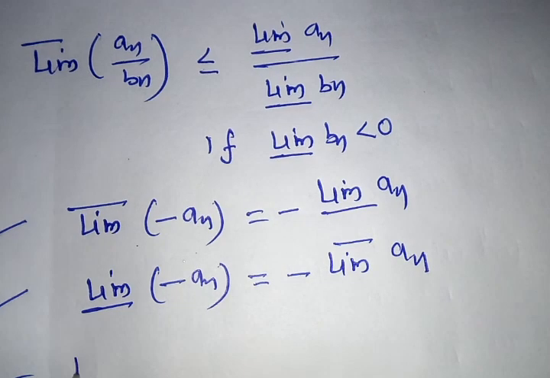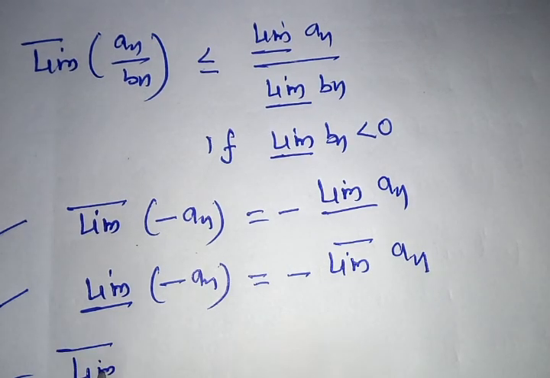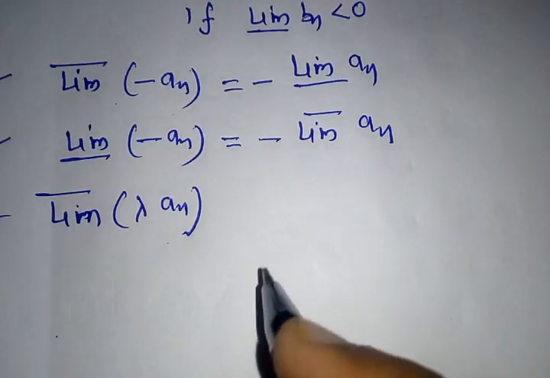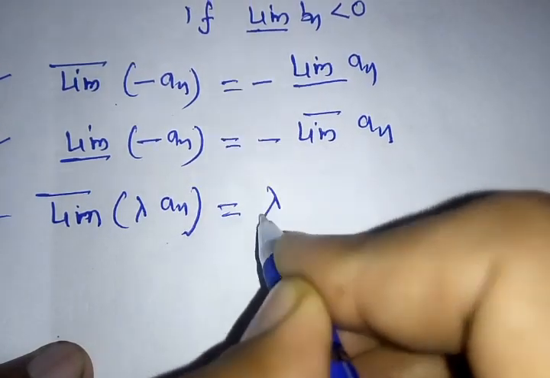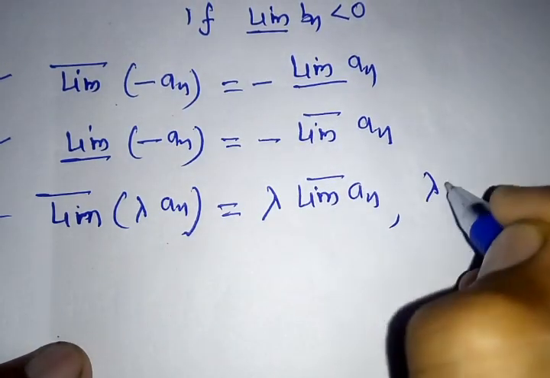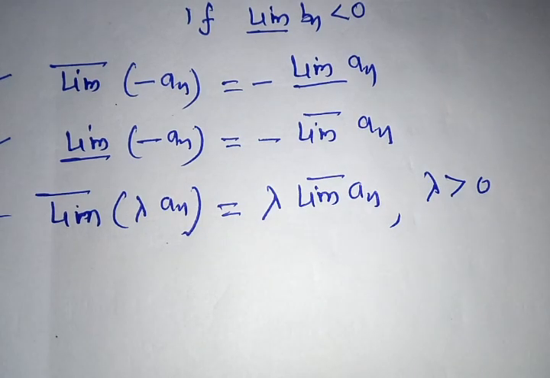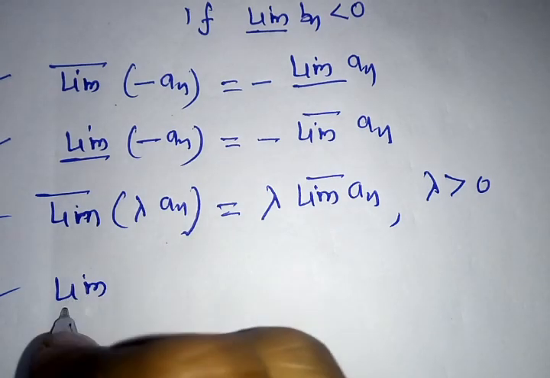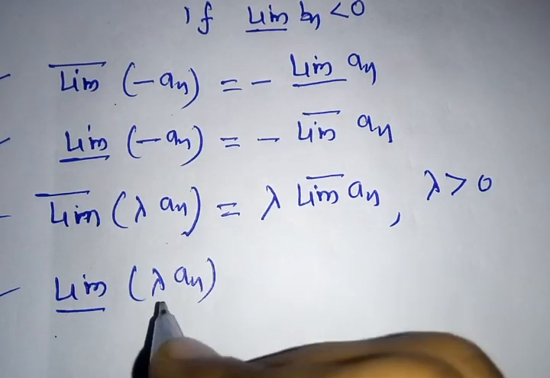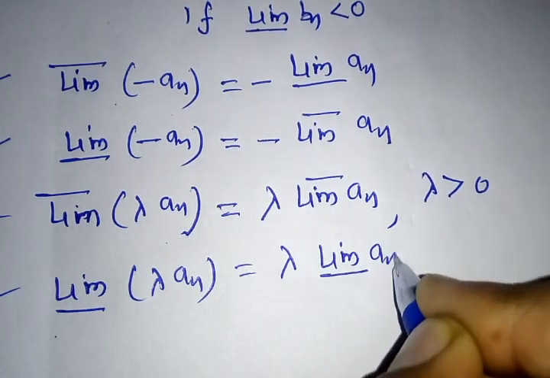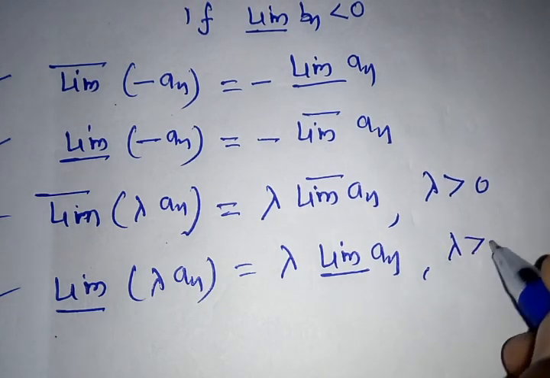Next, limit superior of lambda into an, where lambda is any scalar, is equal to lambda into limit superior an if lambda is greater than 0, and limit inferior of lambda an is equal to lambda limit inferior an if lambda is greater than 0.